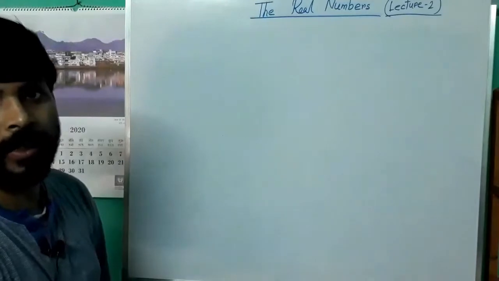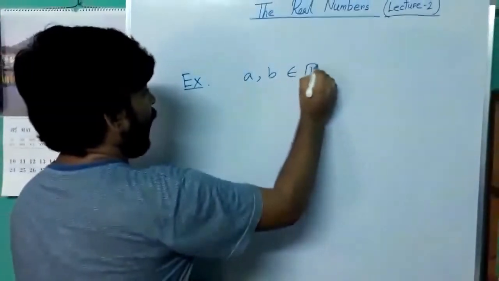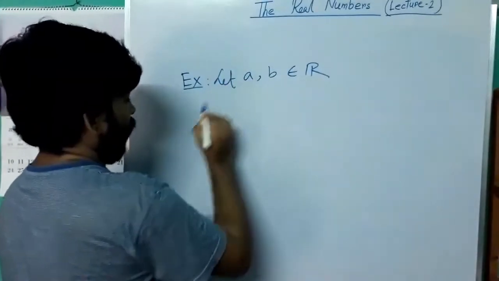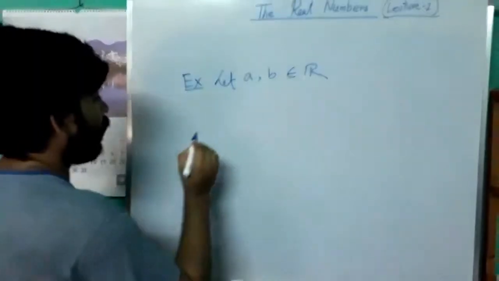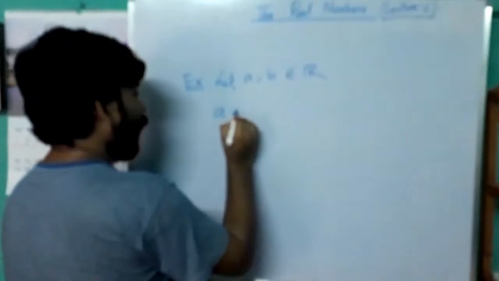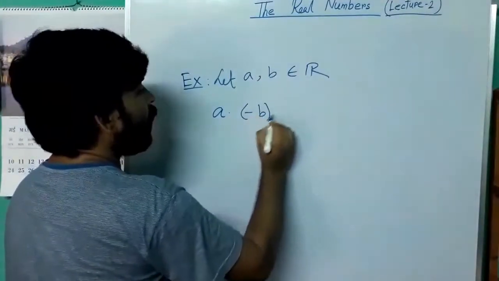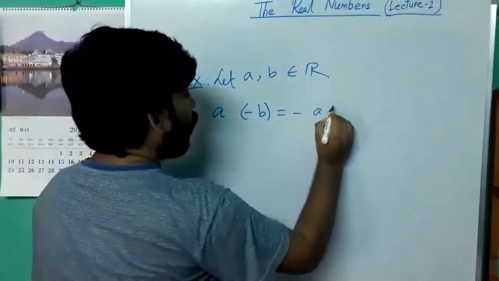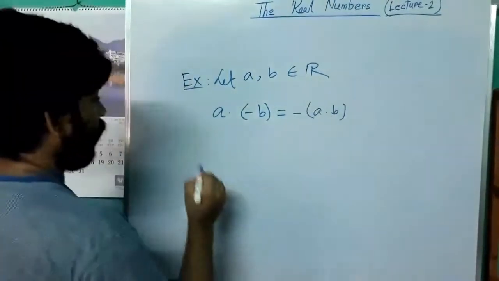Before going further, we give some exercises. Let us take two real numbers a and b. We have to check that, exercise 1: a multiplied by minus b is equal to minus of ab.